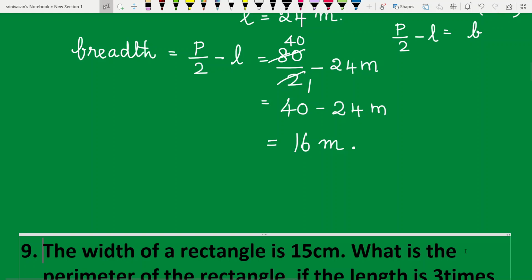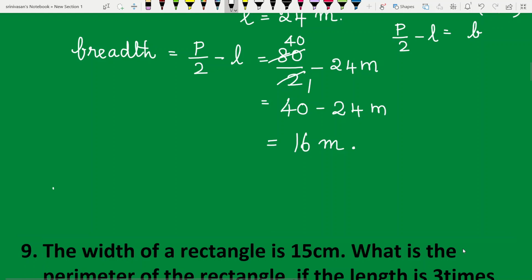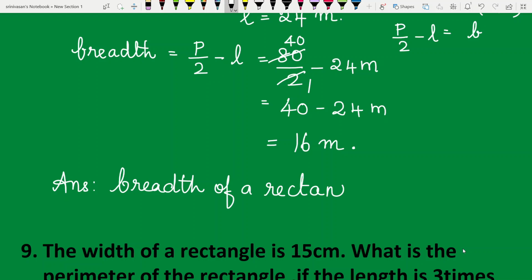Yes, it is 16 meter. Answer: Breadth of a rectangle equals 16 meter. 16 meter is the breadth of a rectangle. Have you understood? Yes, now we'll move to the 9th question.